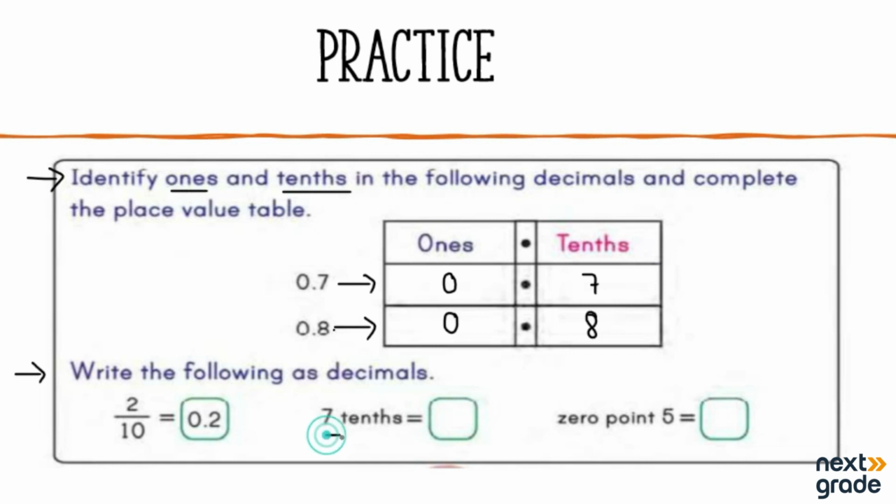That means 7/10, right? और 7 tenths का मतलब ये है कि ये कौन सी place value में है? Tenths place value में है. That is after the decimal. So we are going to write it as 0.7. Next we have 0.5. Okay, so we're going to write over here 0, then comes the point, and then comes the 5.